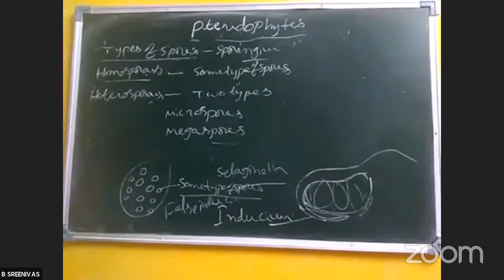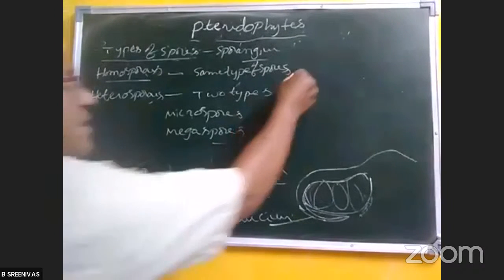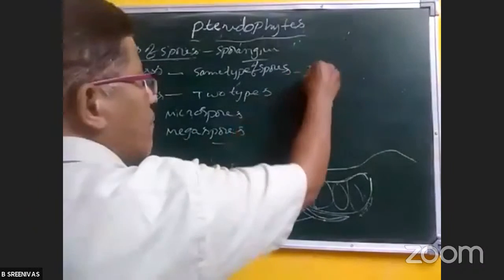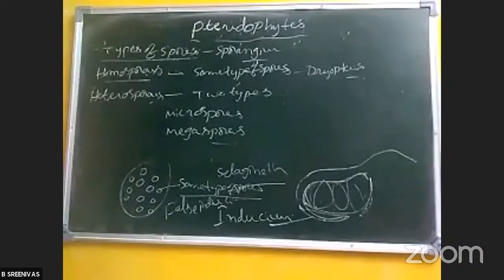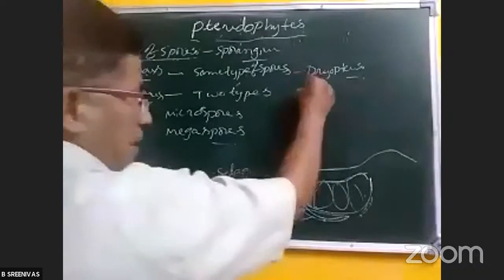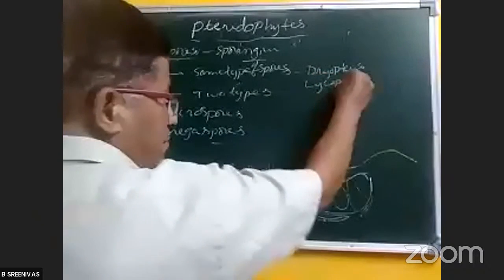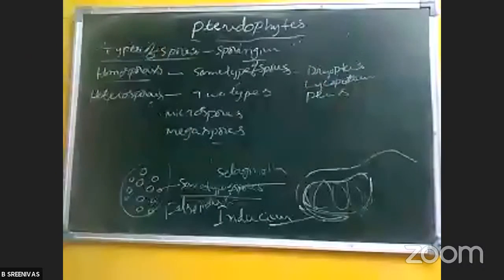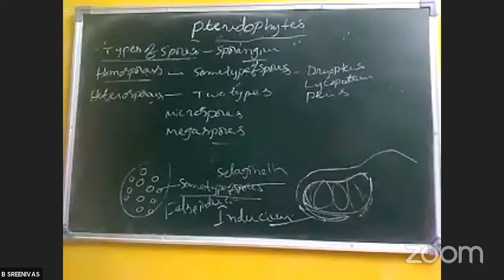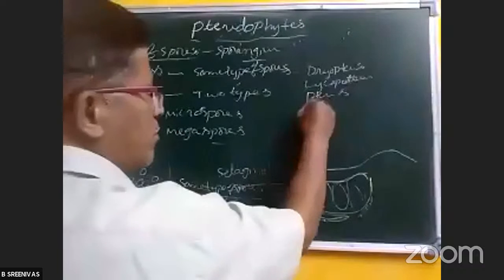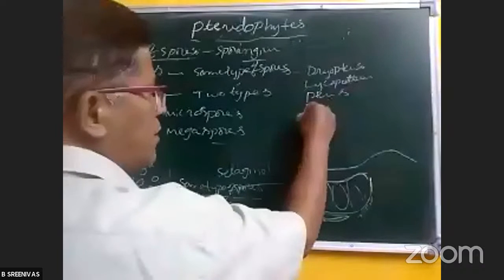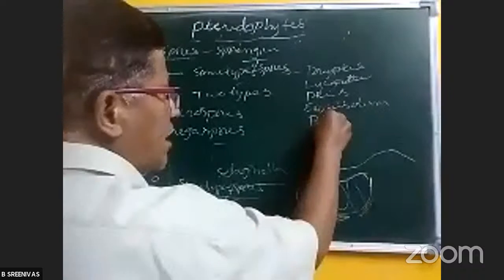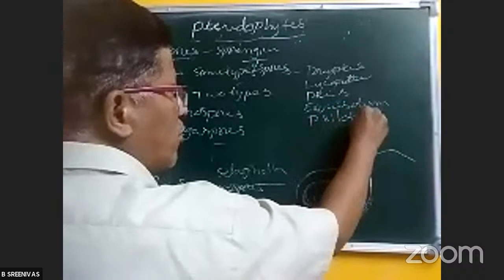Examples of homosporous plants: Dryopteris, the best example for homosporous, Lycopodium and Pteris, Equisetum, Psilotum.